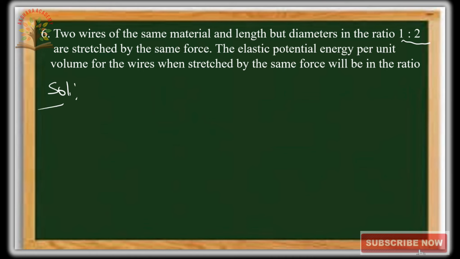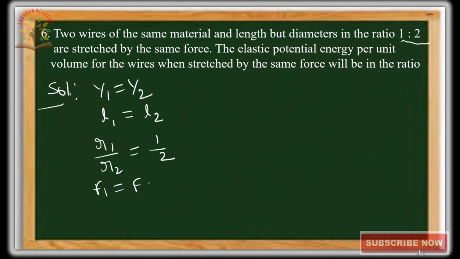We will write Y1 is equal to Y2. Both Young's modulus are the same. And next, two wires of same material, same length, so L1 is equal to L2. But R1 by R2 is equal to 1 by 2. So finally we are writing F1 is equal to F2.